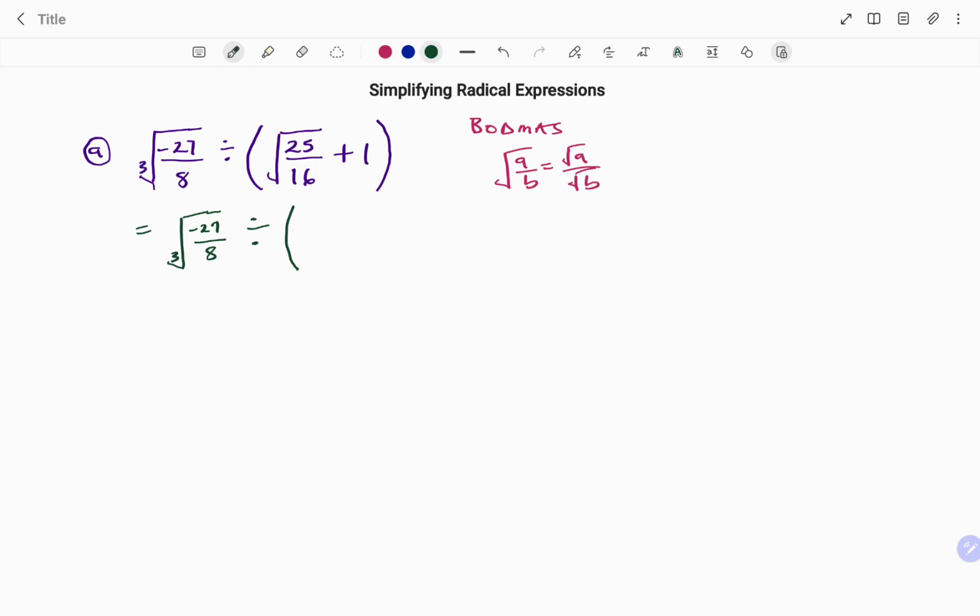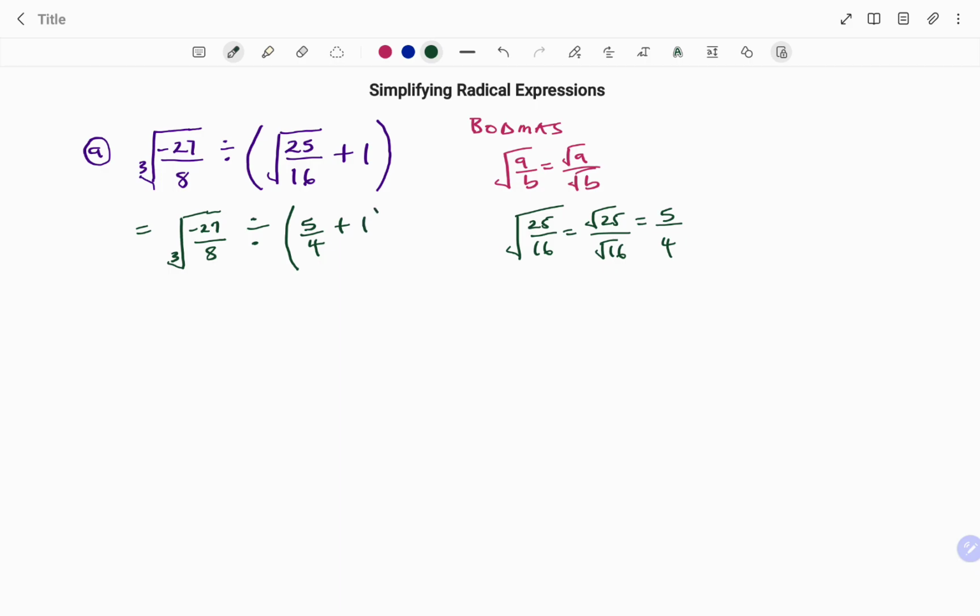So square root of 25 over 16 is the same as square root of 25 over square root of 16, and that will give me 5 over 4.